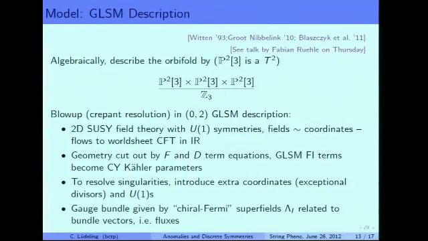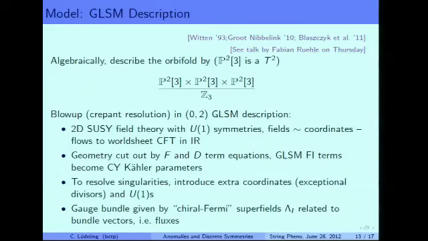So you start out with this target space. P2 3 is just a torus, a degree 3 hypersurface in a projective space, and this one is basically T6 over Z3.